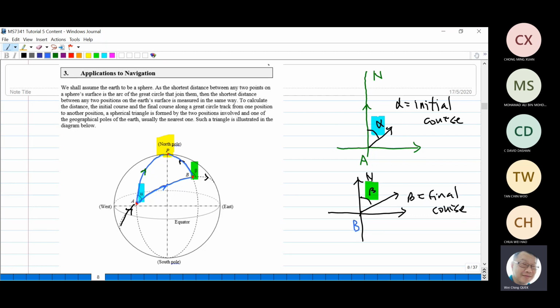This is application on navigation now, right? So we look at how to apply it to the Earth, the Earth with North Pole and South Pole. How do you measure two points on Earth? Especially, we're interested in the great circle distance.